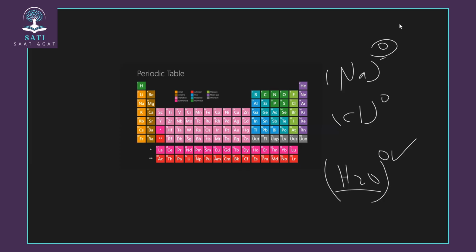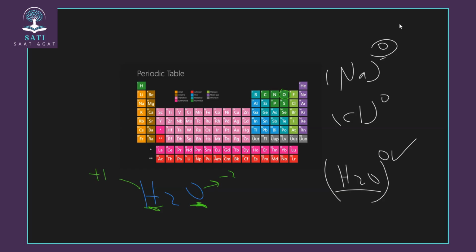But now if I give you H2O and ask for the oxidation number of oxygen alone, oxygen usually gains 2 electrons, so its oxidation number will be -2. And hydrogen is usually +1.